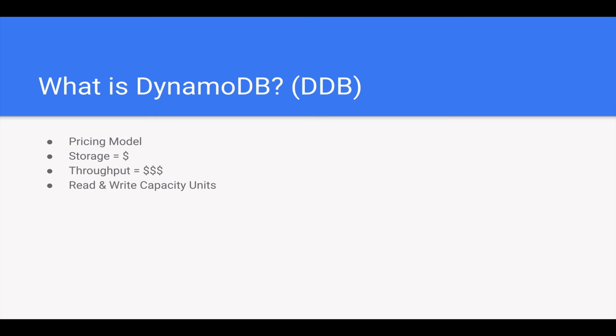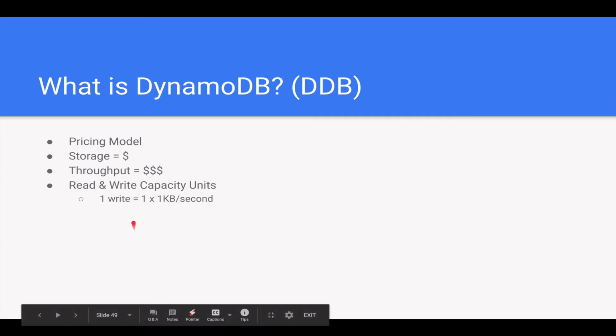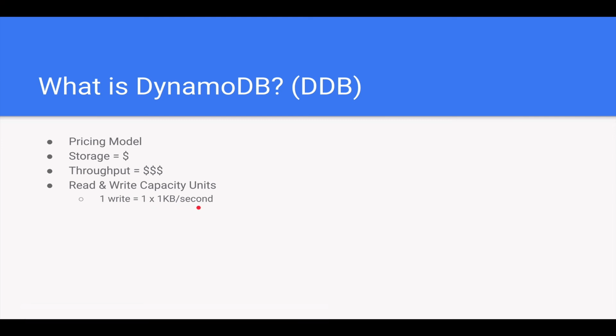And these come in the form of read and write capacity units. So a write capacity unit is equal to 1 kilobyte per second. So if you needed 2 writes, it would be 2 times 1 kilobyte per second. So you'd need 2 write capacity units.